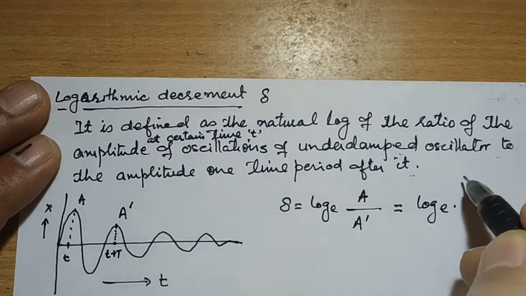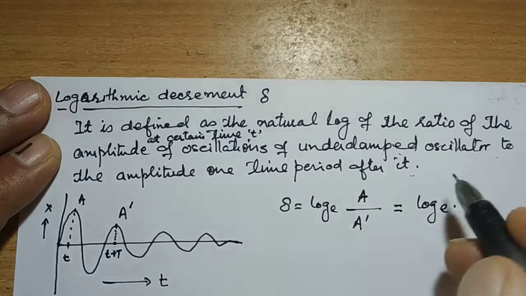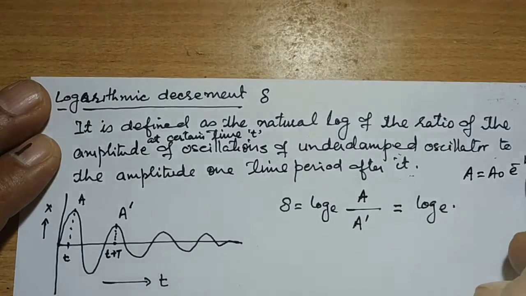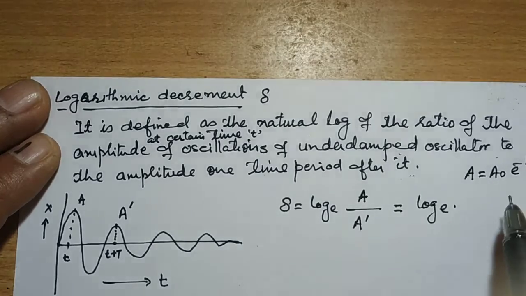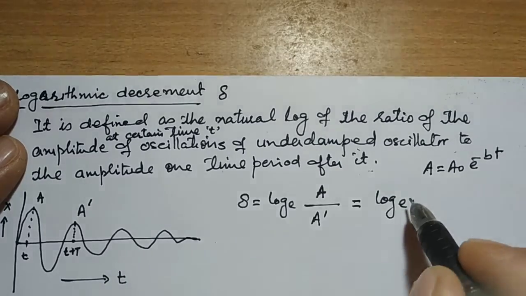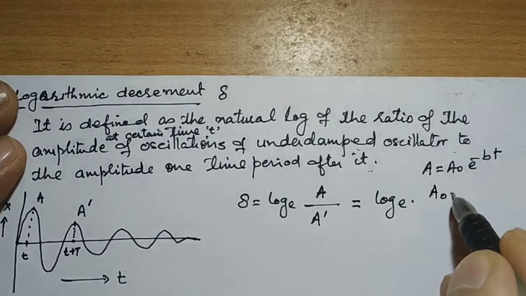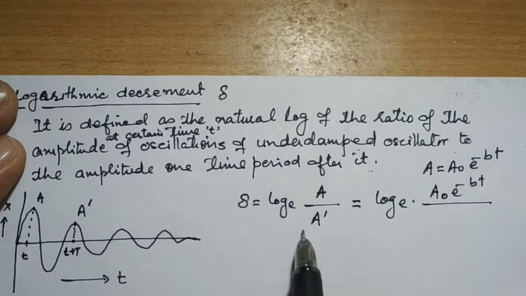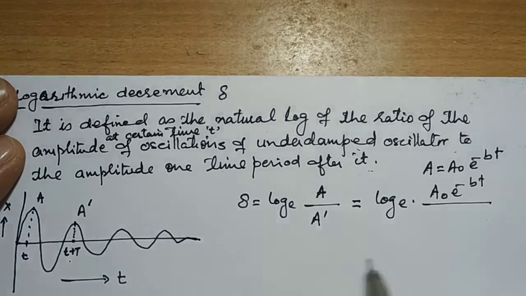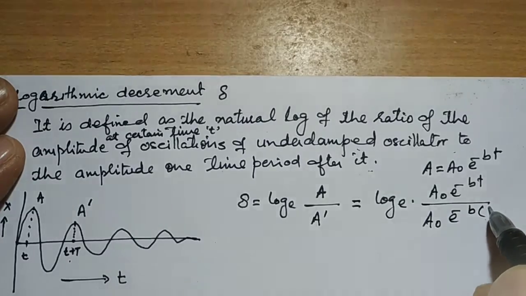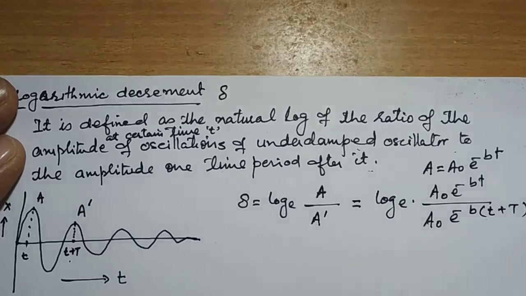We know that the amplitude for an underdamped oscillator is given by A equals A naught e to the power minus bt, where b is the damping factor. So we can write log base e of A naught e^(-bt) divided by, in the denominator, the amplitude at time t plus capital T, that is A naught e^(-b(t+T)).